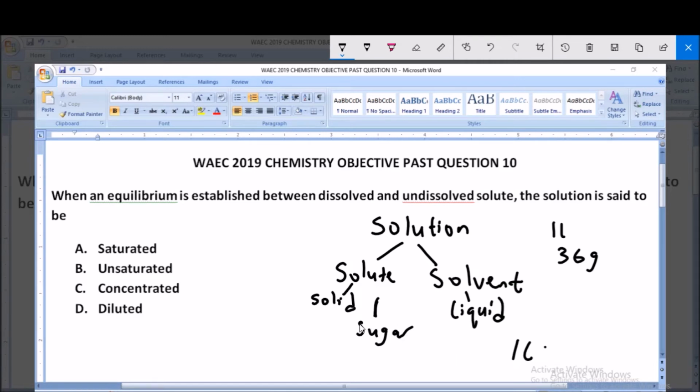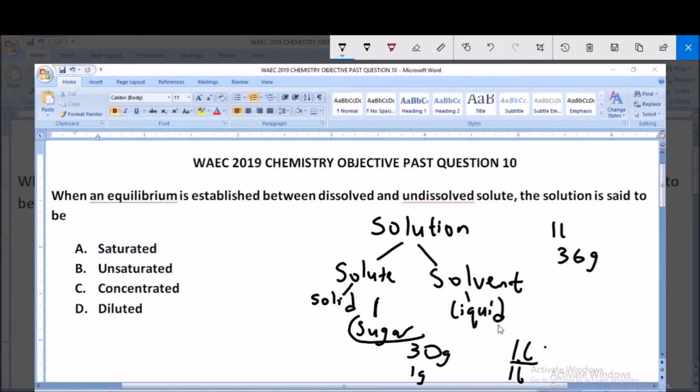If you dissolve a considerably large amount of sugar in 1 liter of water, let's say 30 grams, the solution can be said to be concentrated. Then for a diluted solution, you have a relatively small amount of dissolved solute. So for example, in this same sugar and water instance, let's say you dissolve just 1 gram of sugar in 1 liter of water. The solution can be said to be diluted.